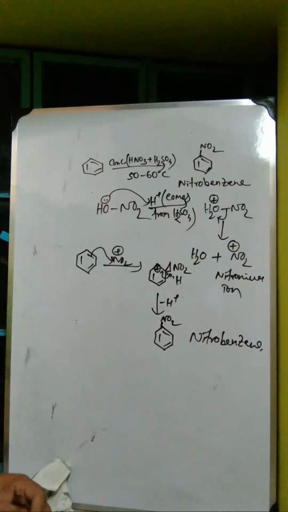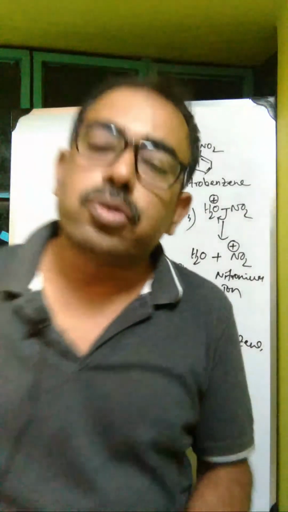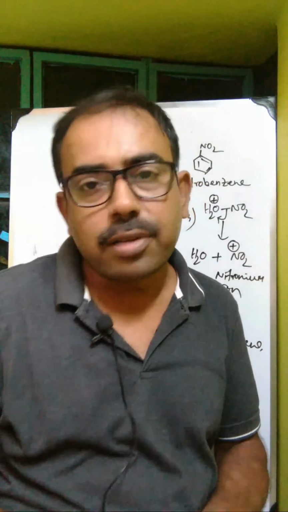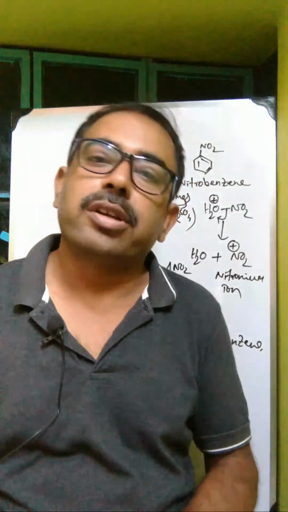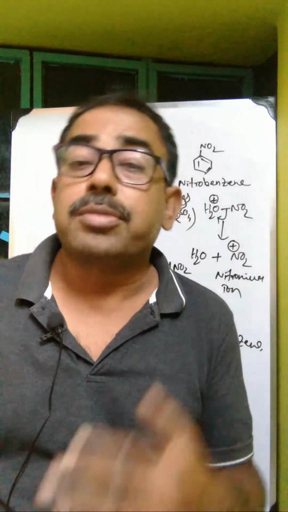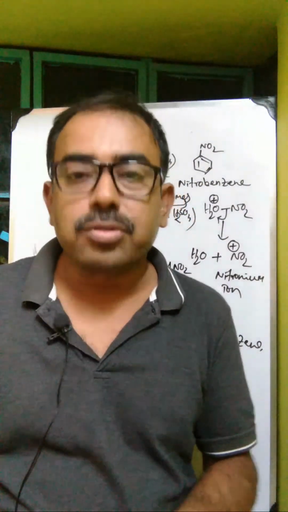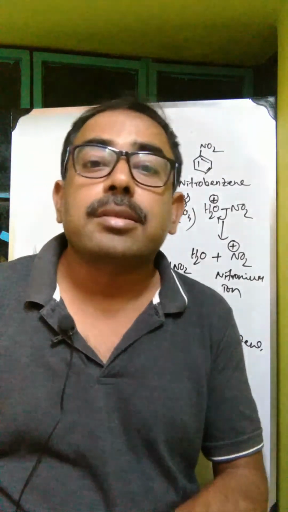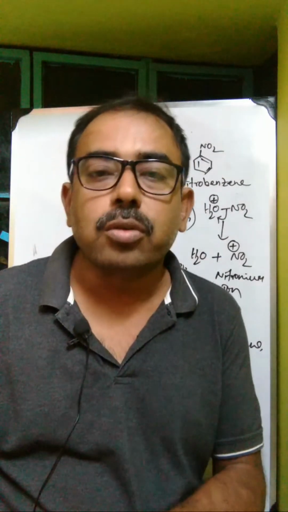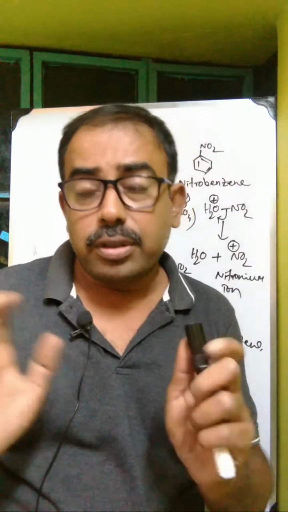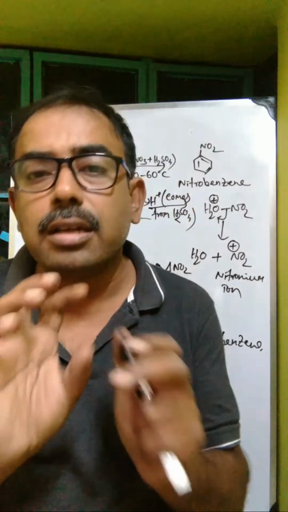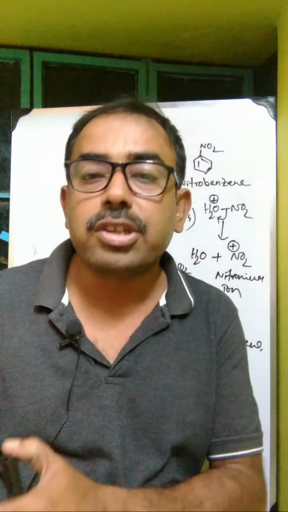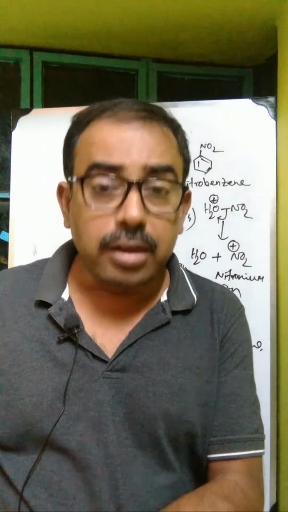So you saw the reaction mechanism of 2 reactions, namely the Friedel-Crafts reaction and the nitration reaction. Next day I will show you the mechanisms of some other organic reactions, and we will also discuss the orientation of the groups present. In benzene, nitration occurs and nitrobenzene is formed.